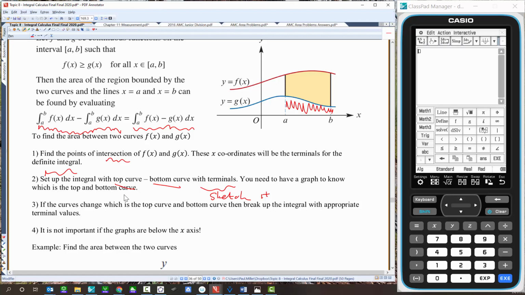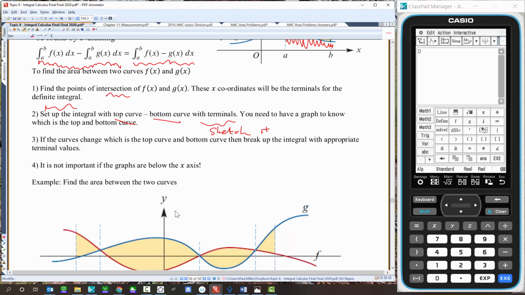And finally, and this is a really important point, it doesn't matter if the graph is below or above the x-axis. It doesn't matter where it is on the Cartesian plane. You can calculate this. Now, why is that? Well, it's interesting. So if this is our top function here, let's call this f of x, and let's call this bottom function here g of x, between these two points here. What will happen is that my top function is going to have a negative area, so negative small, and my bottom function will have a negative area which is negative larger.